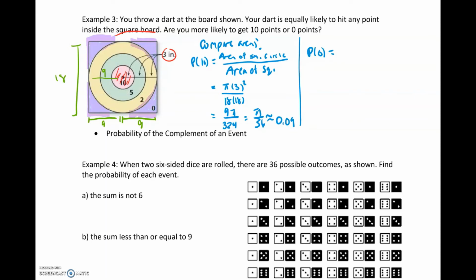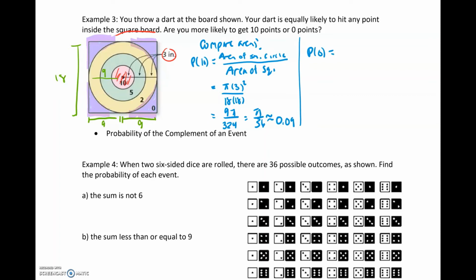So I want to figure out what's the area of all those purple little corners. Well, if we can't calculate that area, what we can do is find the area of the square itself, find the area of the largest circle, and just subtract. And what's left over would be the 4 corners, right?